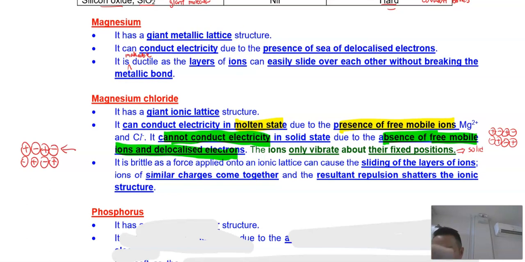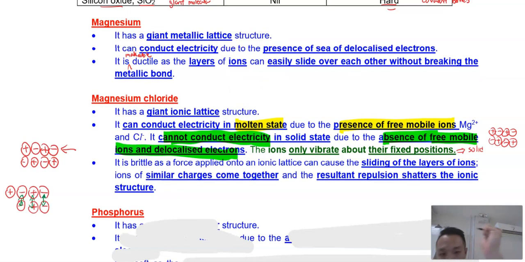When I apply a force and shift the top layer to the left, I end up with something like this. Now you can see there's repulsion between the like charges, and this causes the ionic compound to shatter.